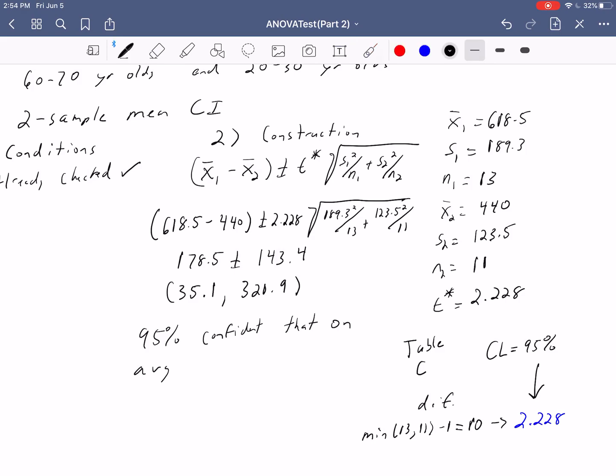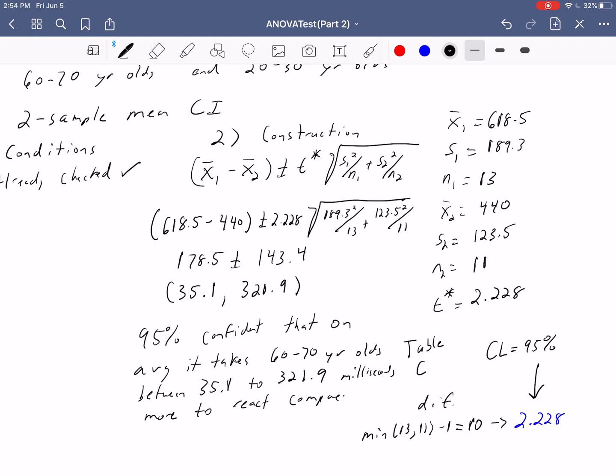So we can say 95% confident that on average, it takes 60 to 70-year-olds between 35.1 to 321.9 milliseconds more to react compared to 20 to 30-year-olds.